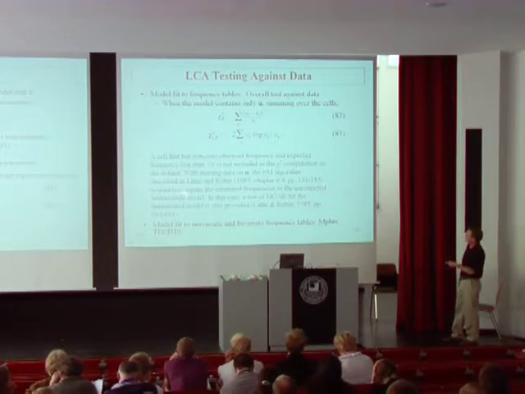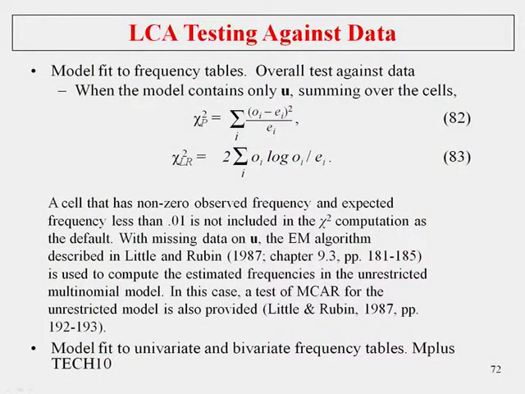The rest of this text you can ignore, but it just says that we can do this estimation and testing also when some of the indicators have missing data. And we will also see shortly that these chi-square tests for the frequency tables have shortcomings. In those cases, we can rely on model fit to univariate and bivariate frequency tables.